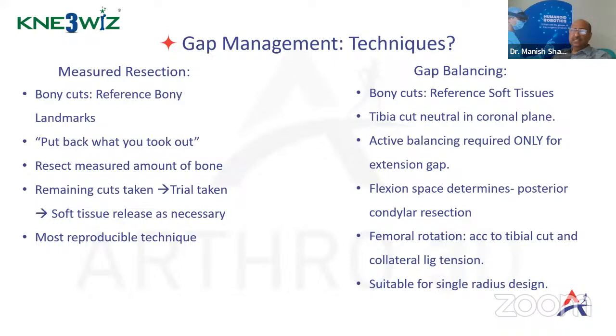In gap balancing, the tibia is cut first based on the tibial cut in the coronal and the sagittal plane. Flexion space is determined. Femoral rotations are based on this cut and the collateral ligament tension. Ideally suited for a single radius design.